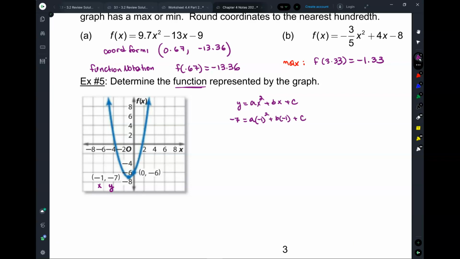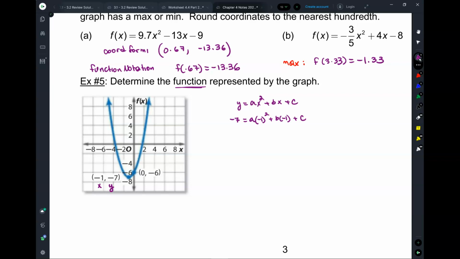If I were you, when I'm plugging these in, I would just take a minute and put them in the parentheses, because sometimes when people are squaring in their head, the negatives are getting lost.